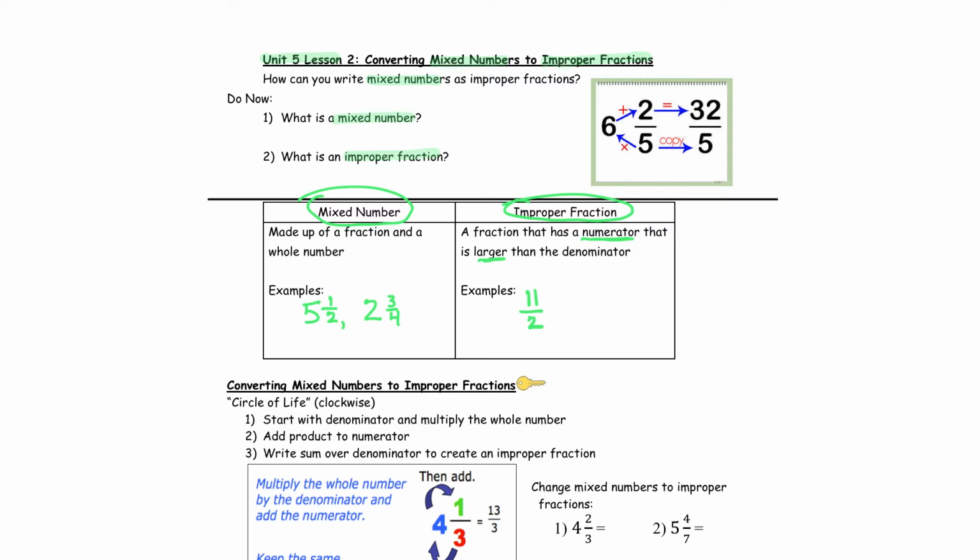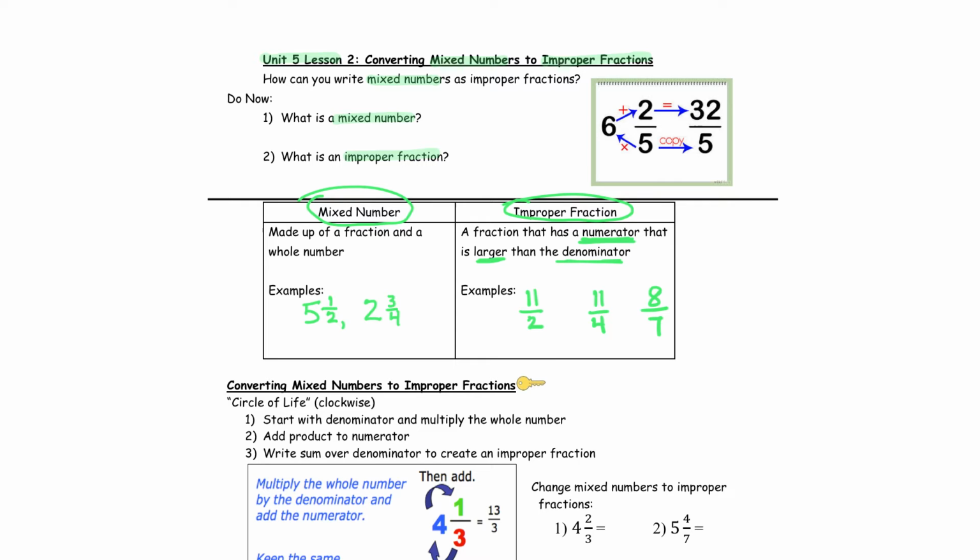Or 11 over 4, that is also an improper fraction. One more could be, let's say, 8 over 7. Those are all improper fractions because they have numerators that are larger than the denominators.